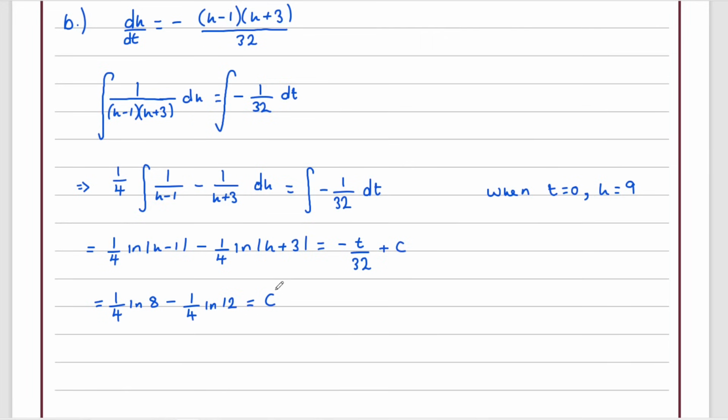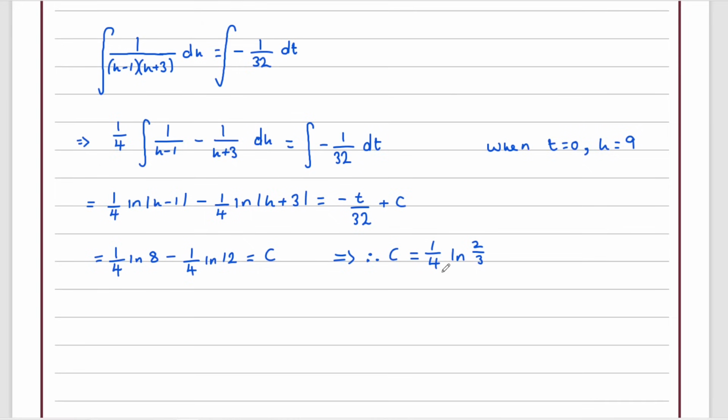And then what I can do is write this as a single logarithm if I want to. So therefore, c is equal to 1 over 4 ln 2 over 3. Because I've got a quarter ln 8 minus a quarter ln 12. That's the same as a quarter ln 8 over 12. Well, 8 over 12 is 2 over 3. So we find the value of c.